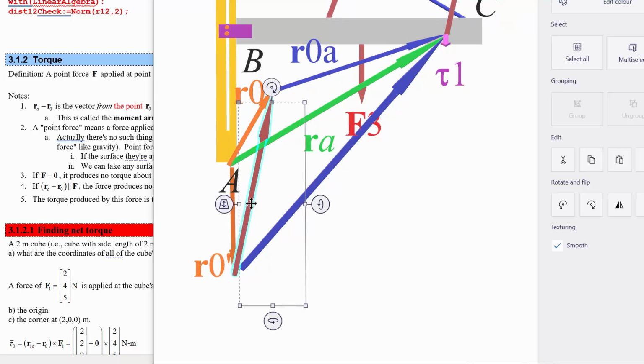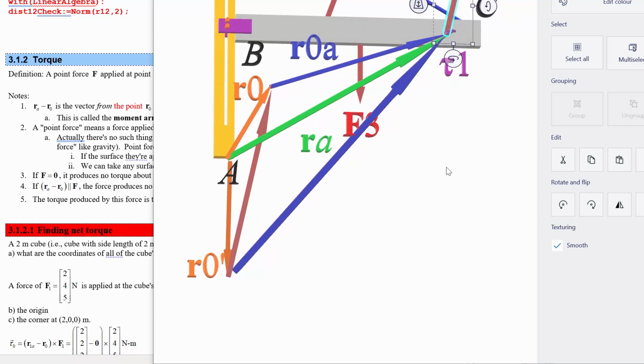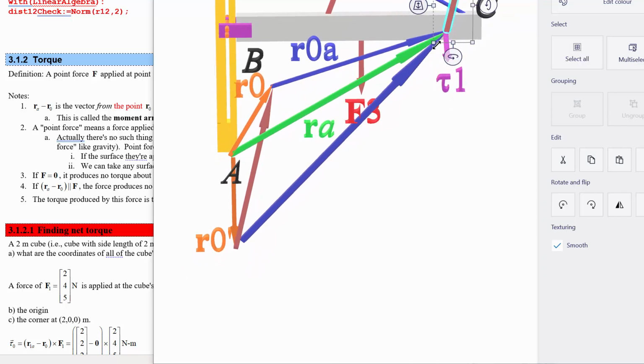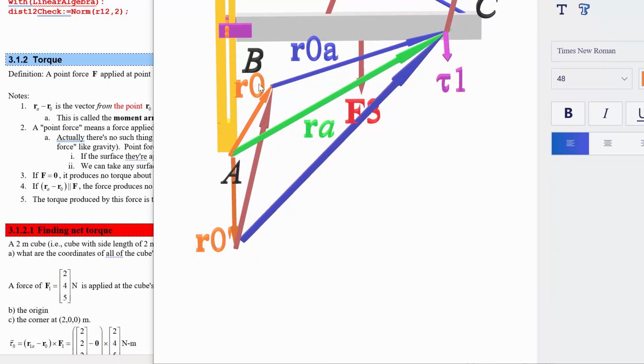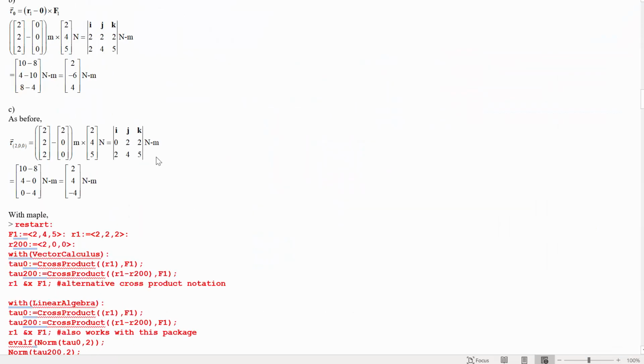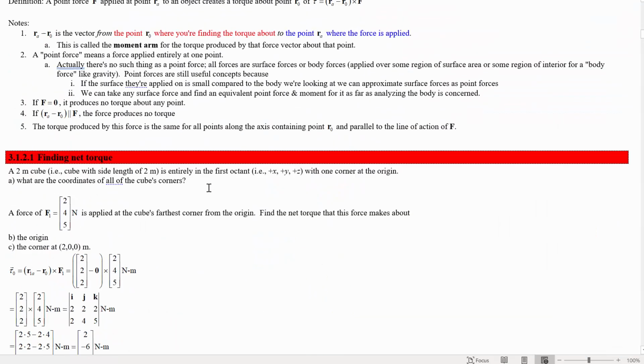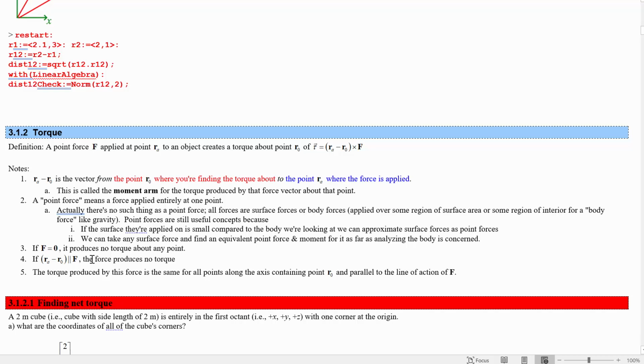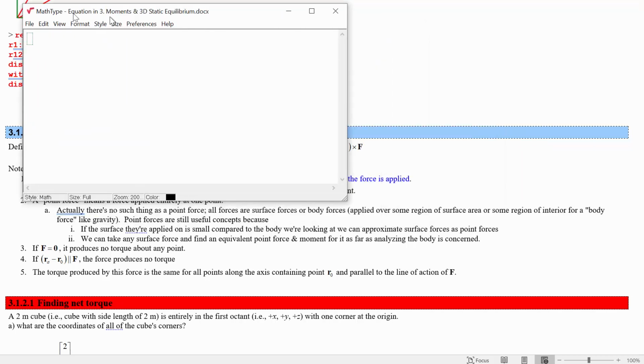So this thing here is parallel to this force, meaning that the new extra displacement we've added is just parallel to that force as well. So this force creates the same torque, tau 1, about this point as it does about any point on this line that contains R naught and is parallel to the force direction. We can prove that by taking a cross product. So let's see what that would mean.